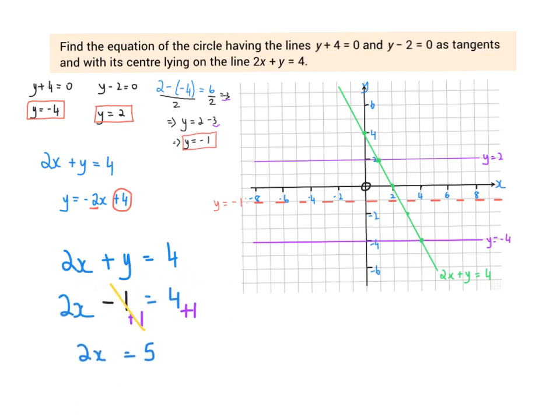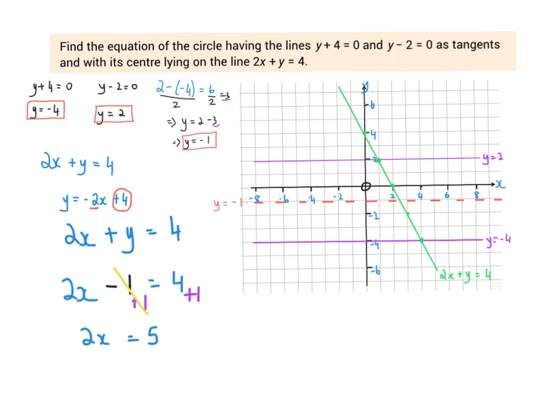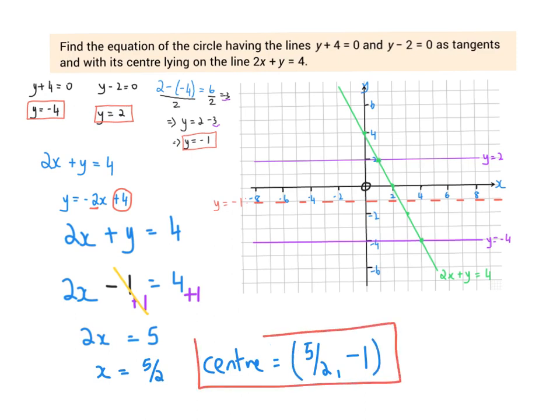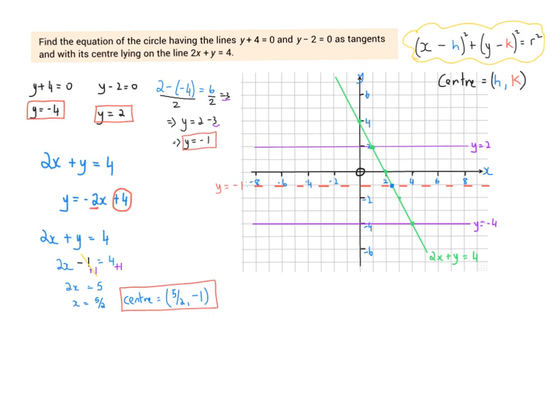And so x is going to be equal to 5 over 2, which means our centre is equal to 5 over 2, comma, minus 1. Okay, so we're almost there.